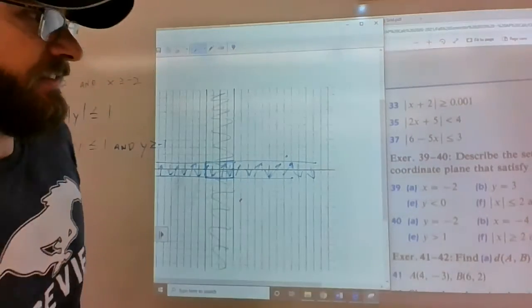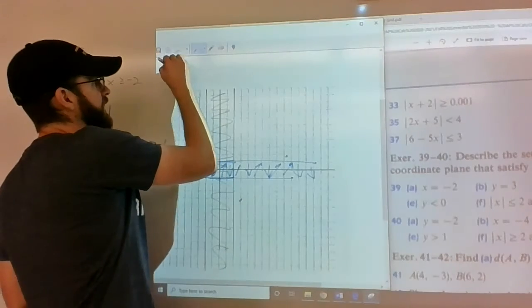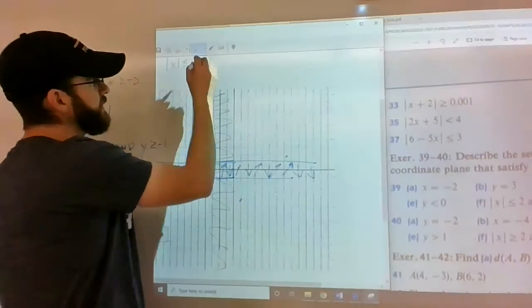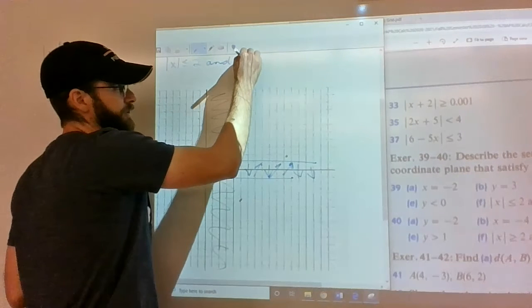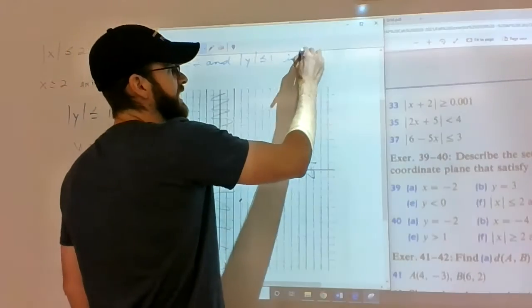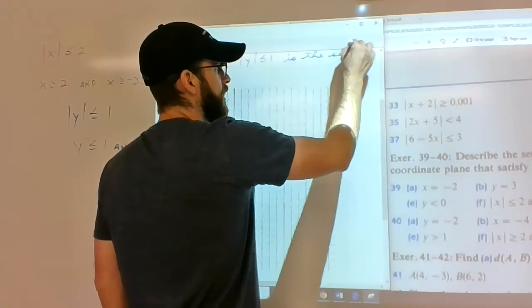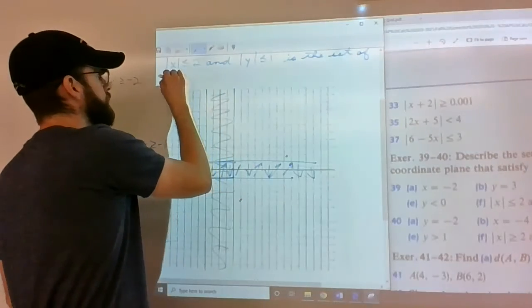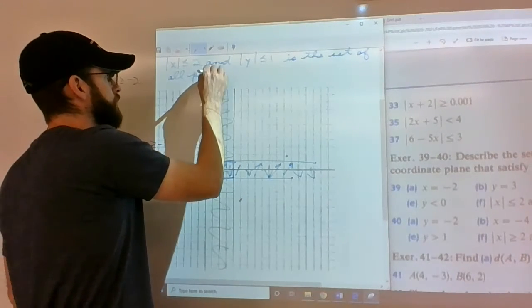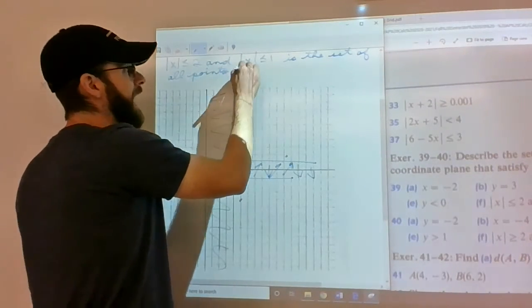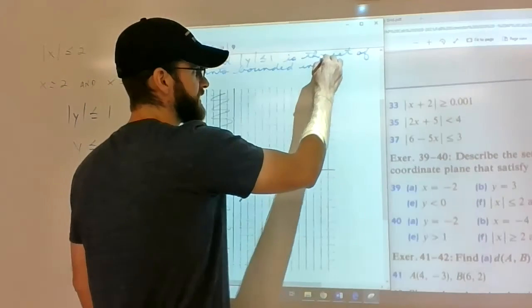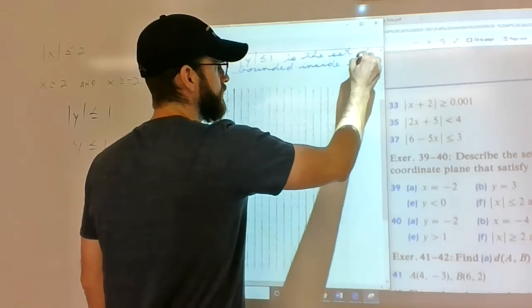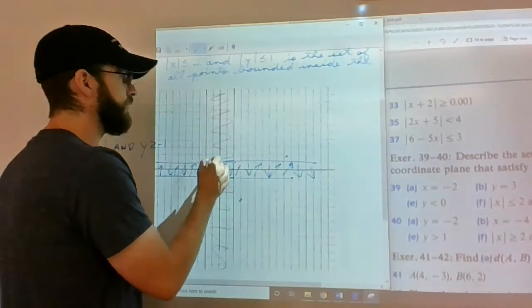So the absolute value of x less than or equal to 2, and the absolute value of y less than or equal to 1, is the set of all points bounded, okay, we got boundaries here, inside the rectangle. Yeah, it's certainly a rectangle here.